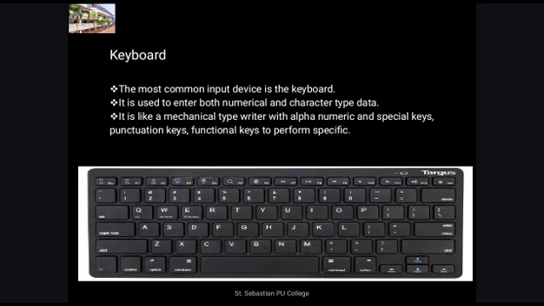It contains alphanumeric keys such as alphabet A to F and numerical values digits 0 to 9, and special keys such as enter, shift, control, alt, escape, etc. Punctuation keys: comma, full stop, semicolon, colon, greater than sign, less than sign, etc. Functional keys.